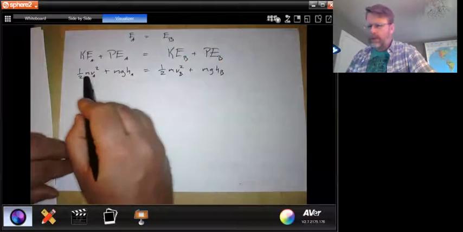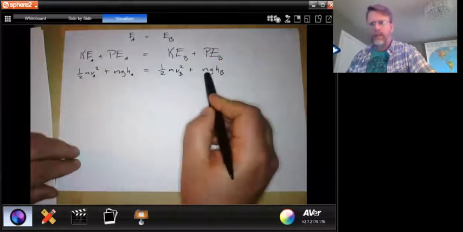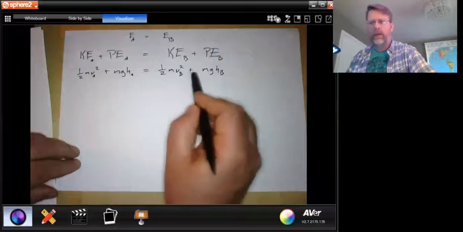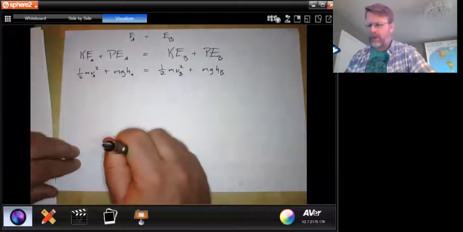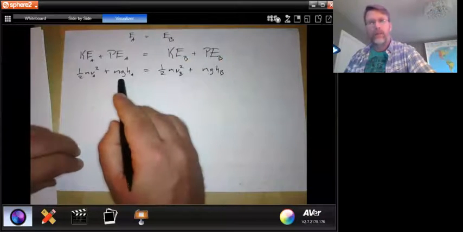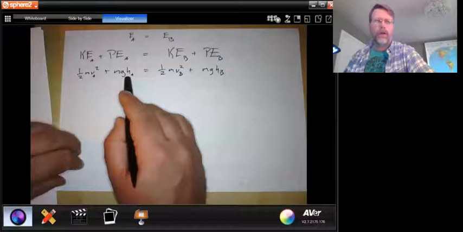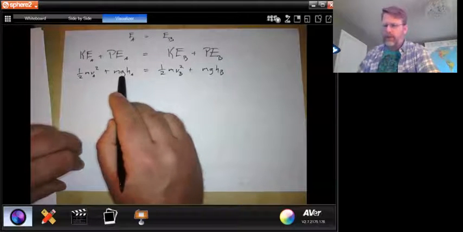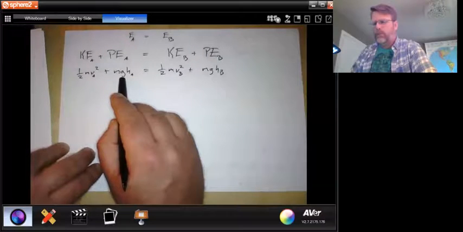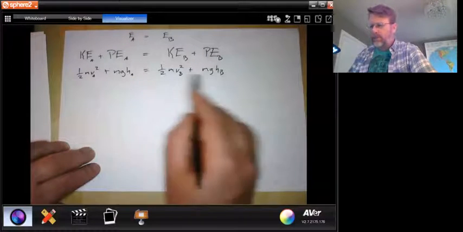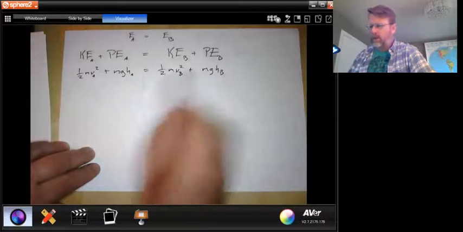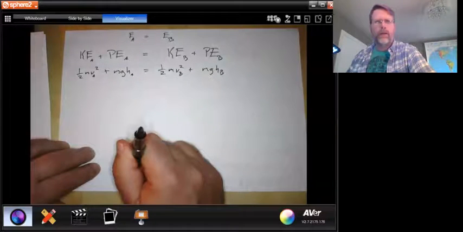So notice this bus did not gain or lose any mass along the way, so I didn't have to do mass A and mass B, but that's something that definitely could happen. The other thing that could happen is if you go so far out of height that g is no longer 9.8 and you're now in orbit or some other significantly different height, we can no longer use g as 9.8, and that would complicate things.